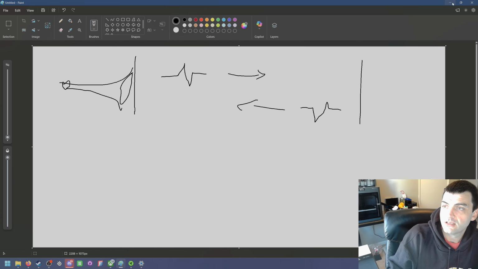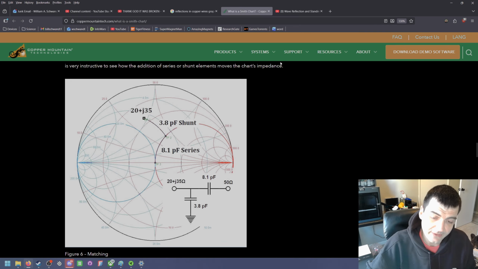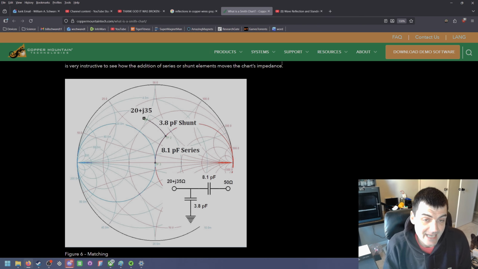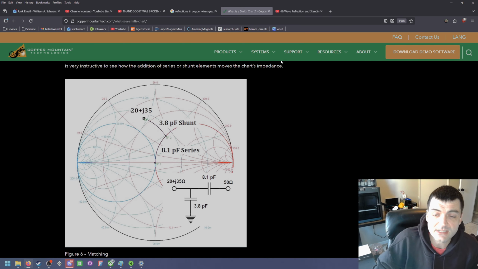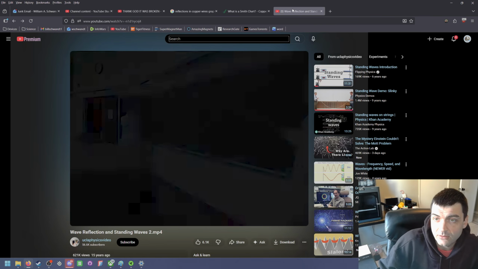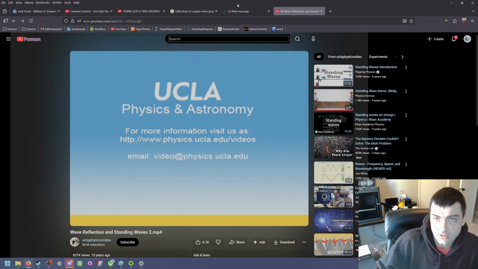Now, that's not the last place it applies either, because reflections happen within copper wires. And these reflections are exactly the same as the reflections that we saw in the horn that I drew and in the rope experiment that we watched a moment ago, okay?